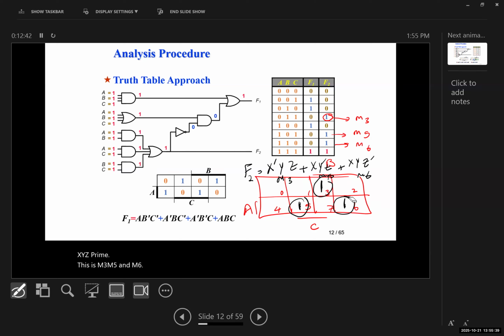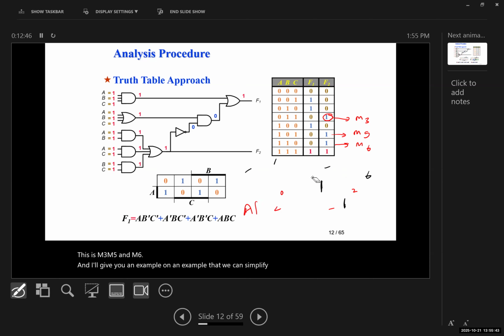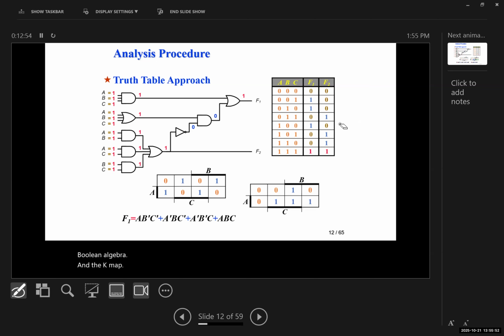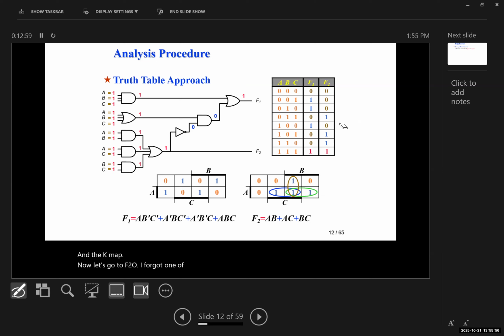And I'll give you an example where we can simplify these gates using Boolean algebra and the K-map. Now, let's go to F2. Oh, I forgot one of them, actually. M7 was also 1. Because it was in red, I didn't see it. So F2, actually, let's go back.